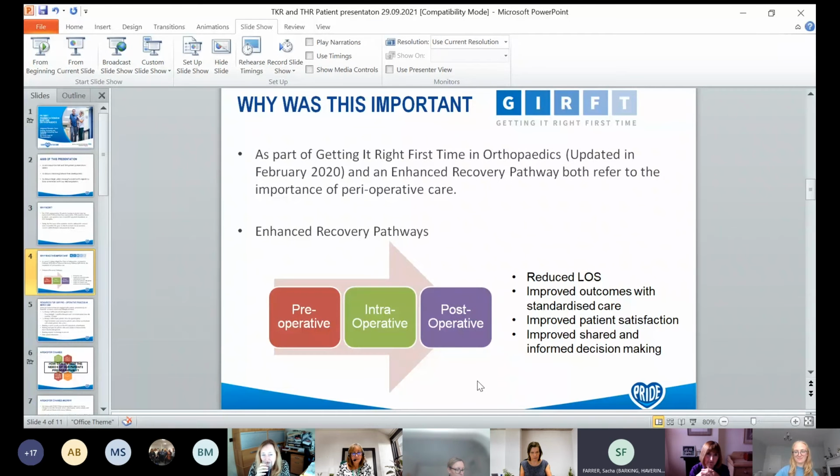So why was this important? As part of Get It Right First Time, especially in orthopedics, they look at 3 areas which we should all have standardized approaches to across the NHS. We look at pre-operatively, intraoperatively and post-operatively, and also an enhanced recovery pathway.